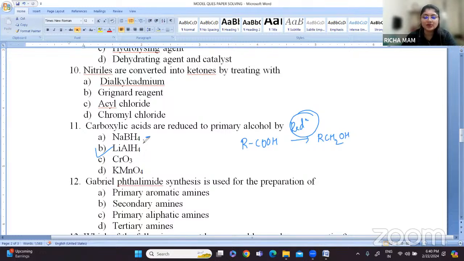Chromic acid and KMnO4 are oxidizing agents, so these two are cancelled out. Sodium borate is a reducing agent, but a mild one, so we cannot use that. We can use lithium aluminum hydride. Moving forward, next question.